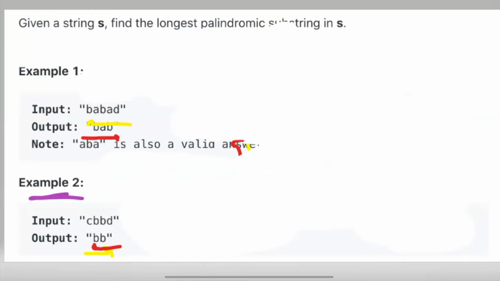Now, when we have a scenario where the output is of even size, like we have here the BB, we would also keep a letter as our center.